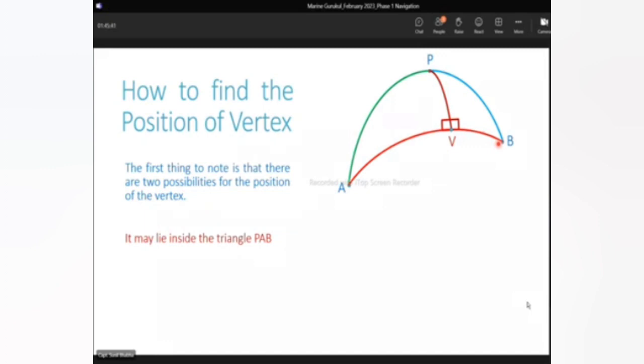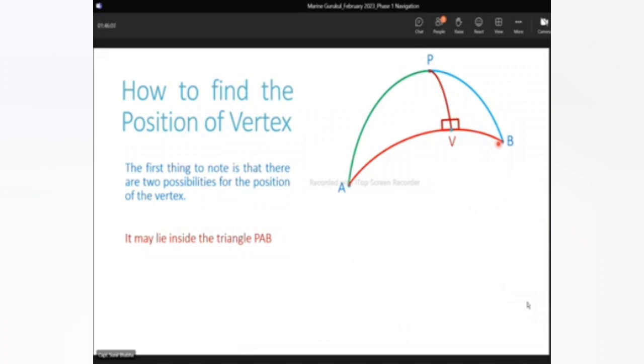No, I have not explained it yet. I have only taken one possibility. Now I will take the second possibility. Then I will explain to you when it is inside and when outside, and whether it will be towards angle A or towards angle B. Okay, I will tell you that. Okay, sir. Thank you, sir.